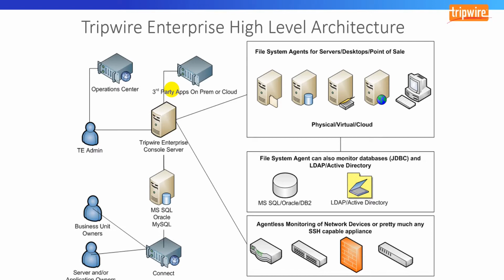manage the Tripwire Enterprise. Then the Tripwire Enterprise will connect with your servers and desktops through the agents that we will install across, for an example, the Windows, across the Linux. And if we mention Linux, we need to mention, for example, Ubuntu, Red Hat, SUSE, for an example, Debian.